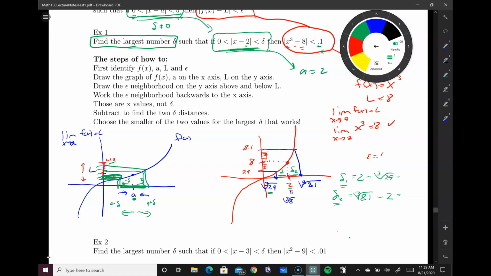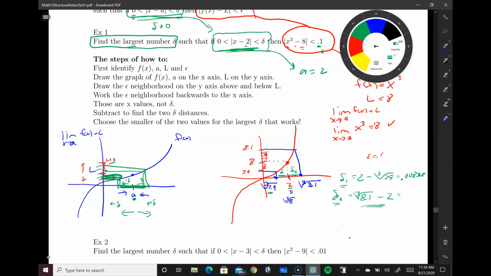Okay, and you should have your calculator set to at least 6 decimal places. So this gives me 0.08368. That's 1, 2, 3, 4, 5, 6 decimal places. This is good.